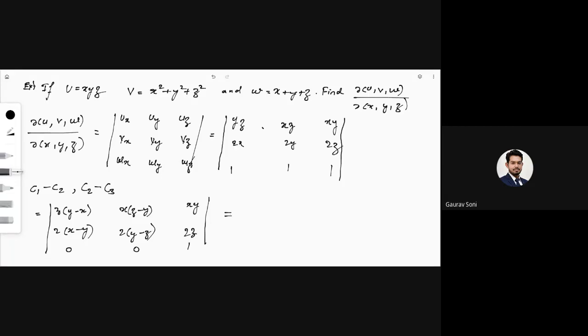Now from the first column, I can take x minus y common, and from the second column, y minus z common, and what we have in the determinant later is minus z, minus x, xy, 1, 1 and in this z.